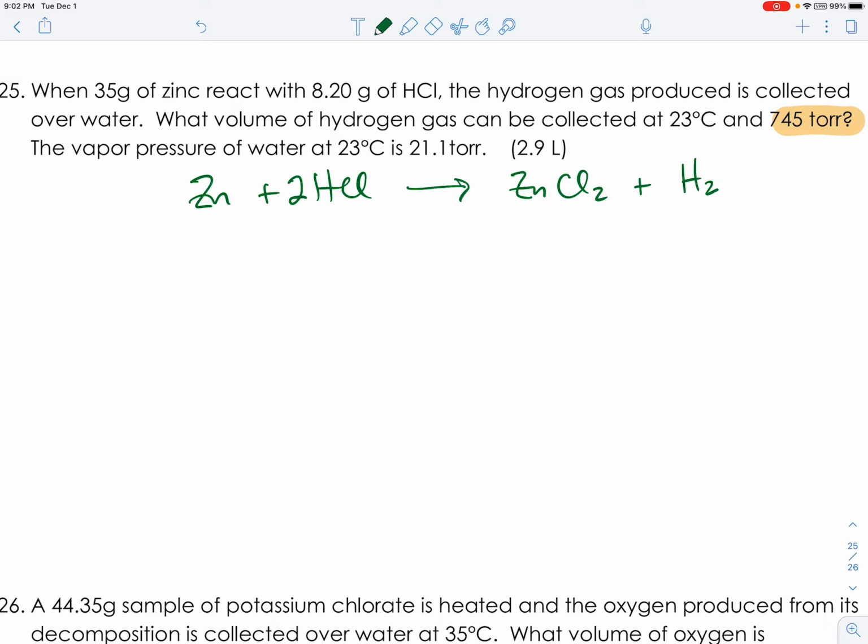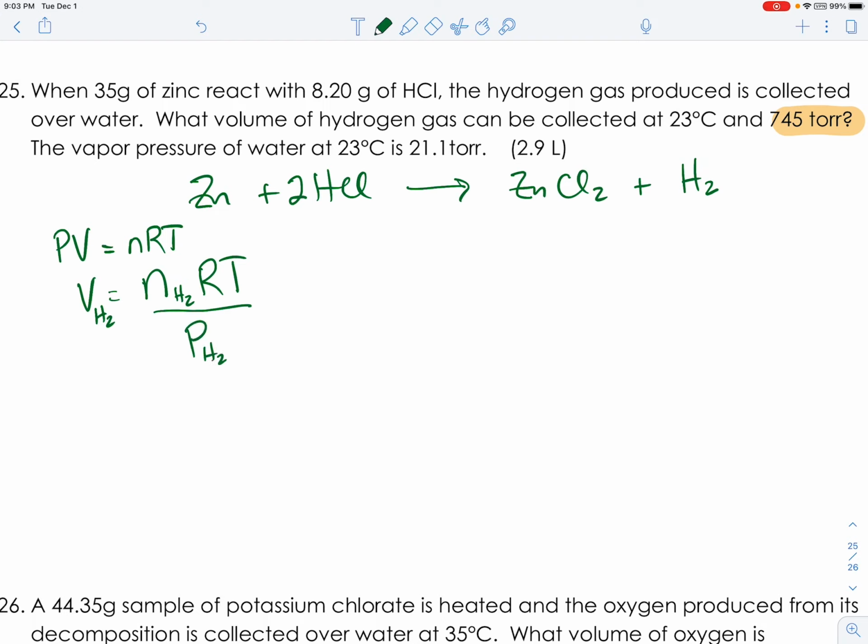We recognize that we're going to need the ideal gas law to find the volume of the hydrogen gas. So let's write that. PV is nRT. So V, the volume of the hydrogen, let me put a little subscript there, would be the moles of hydrogen times R times T divided by the pressure of the hydrogen gas.